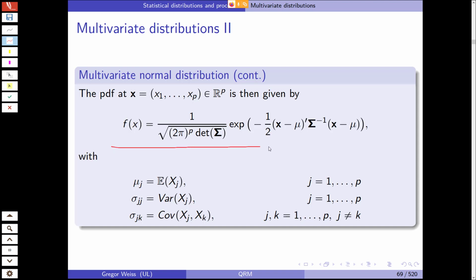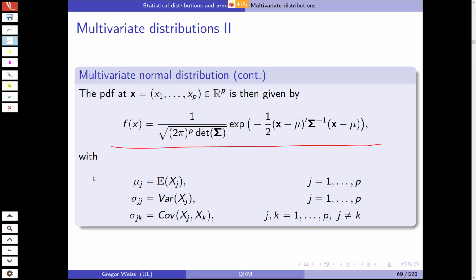It looks like a normal distribution, makes sense. And you need to insert not the volatility, but the covariance matrix here. And you need to insert the vector of expected values. And then it's quite clear, mu j is the expected value of the jth random variable. Sigma jj is the variance of the jth random variable, but sigma jk is the covariance between those two variables j and k.